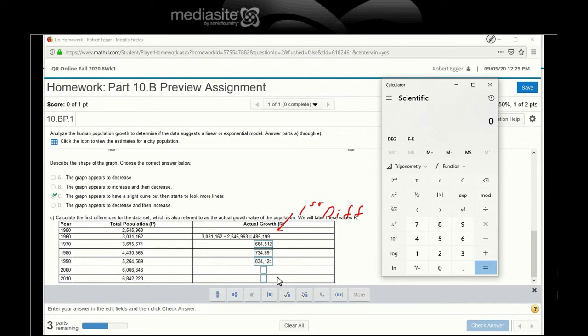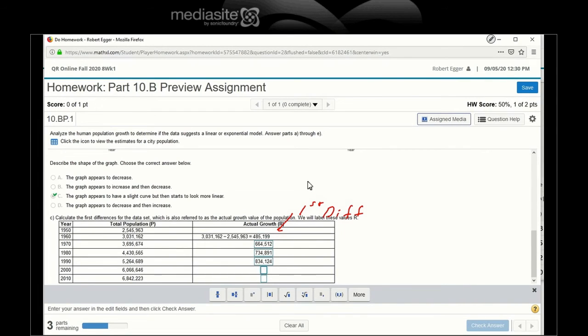Let's see, so 2000 minus 1990s, so 6,066,646 minus 1990, 5,264,689, for a change of 801,957.